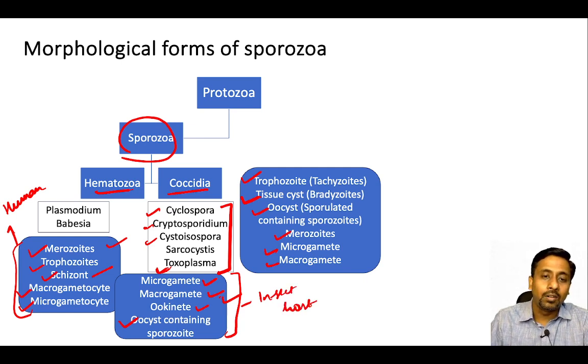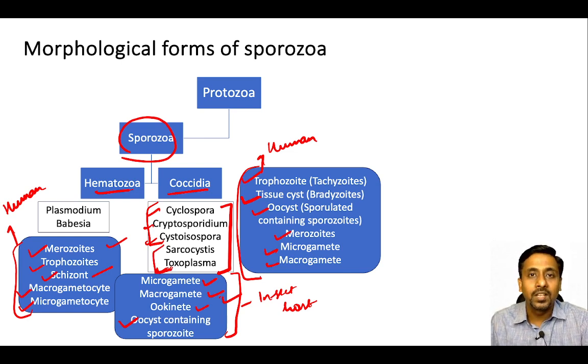and all these morphological forms are present inside the human host in case of the first three, that is cyclospora, cryptosporidium and cystoisospora. Whereas in case of toxoplasma and sarcocystis, some of them are present in the definitive host in which sexual reproduction occurs.